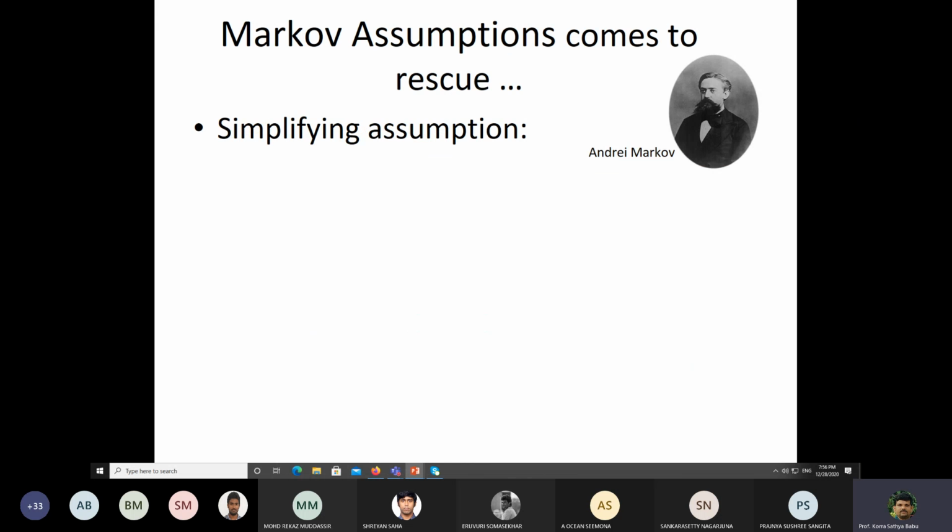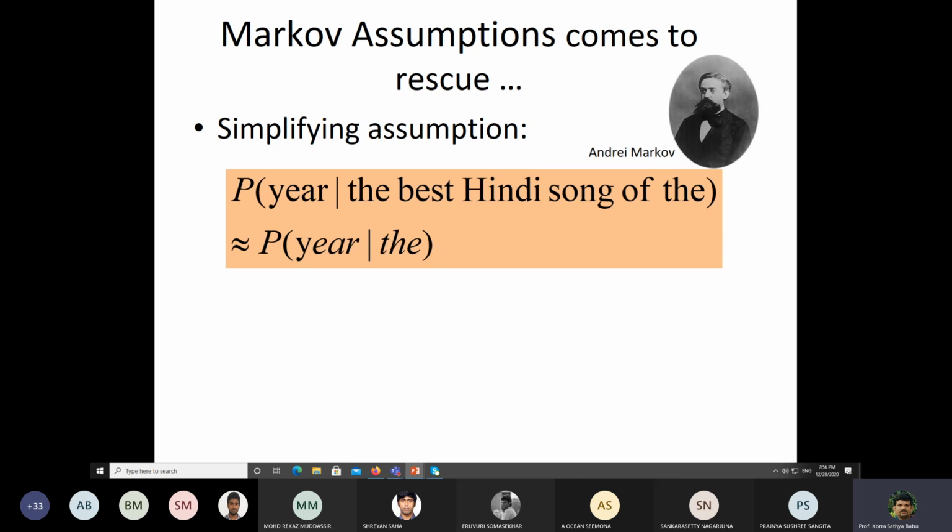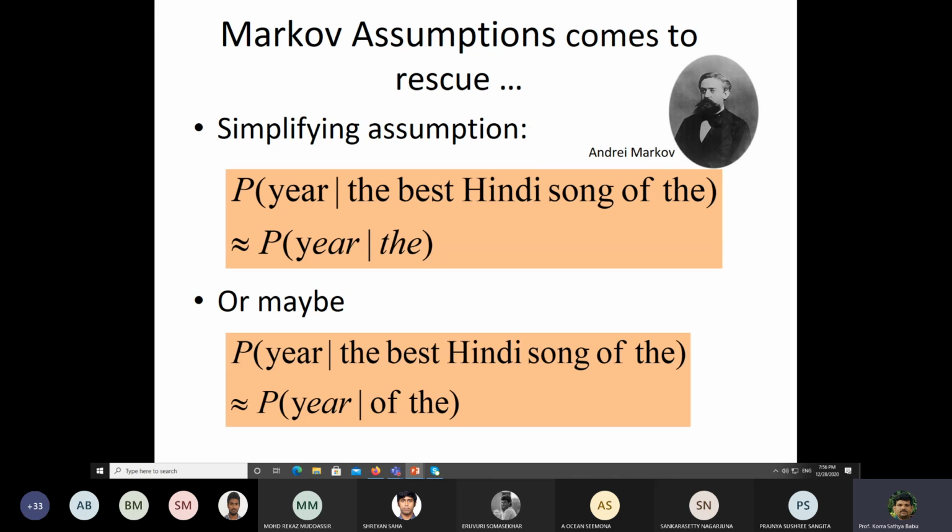That's why we simplify the assumption using Markov assumptions. Here comes the Markov assumption as a rescue. So what is basically the Markov assumption? The probability of "year" given "the best Hindi song of the" can be approximated using bigrams, trigrams, 4-grams, 5-grams, 6-grams, 7-grams, or n-grams like that.